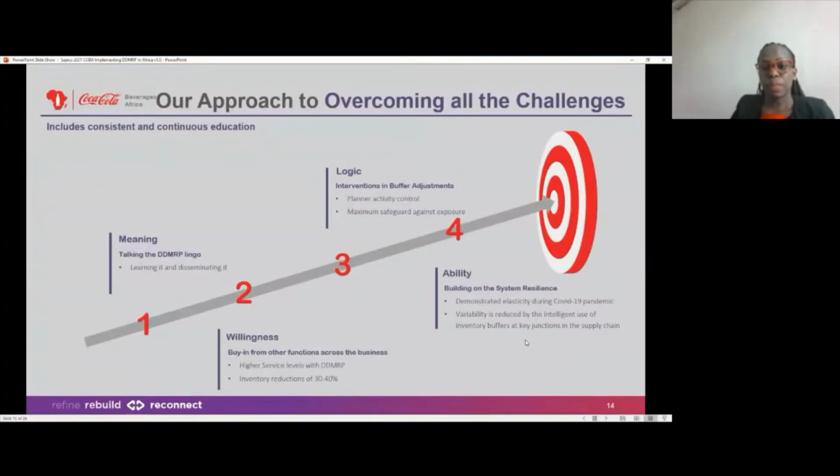Then we went on to the ability, which is building on the system resilience.